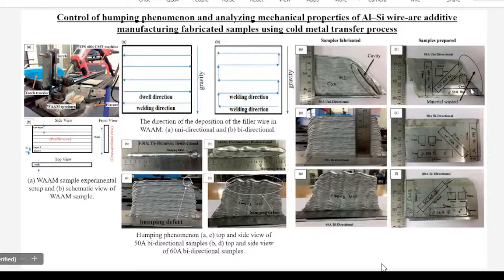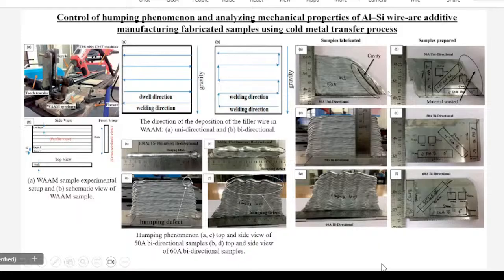The reason we are adopting additive manufacturing is that we don't want to waste materials. So this path strategy is not working, and that's why we did it with the bidirectional strategy. You can see how much difference there is with the same parameters. This is 50 ampere current, and this is also 50 ampere current. Just the path strategy difference can make this much difference.